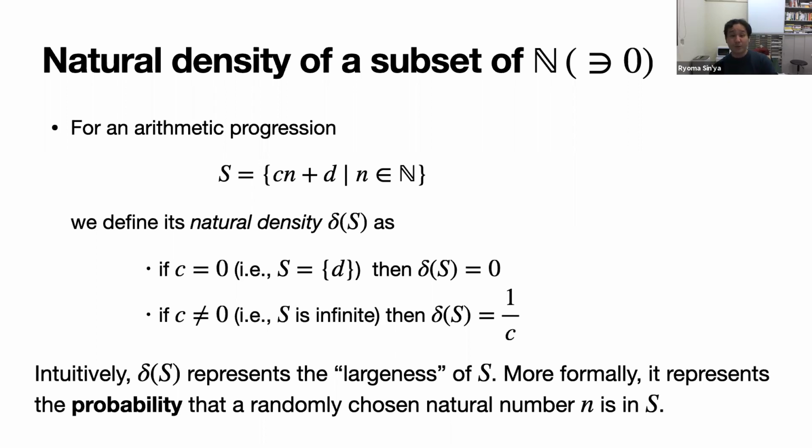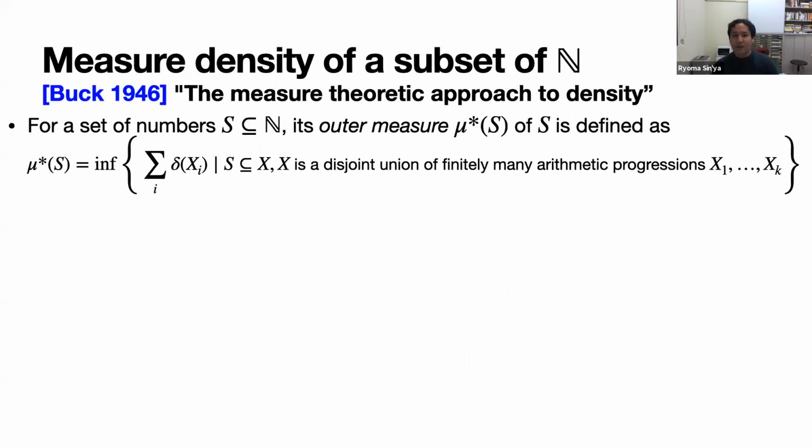Very intuitive. And then Bach extended this notion by using outer measure. So here, for a set of numbers S, not necessarily an arithmetic progression, but arbitrary, its outer measure, denoted by mu star S, is defined as here. So let's take the infimum of the summation of the natural densities of arithmetic progressions that satisfy this condition: they are disjoint with each other, and their union is a superset of S, okay?